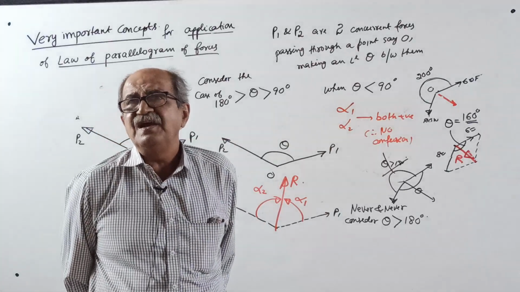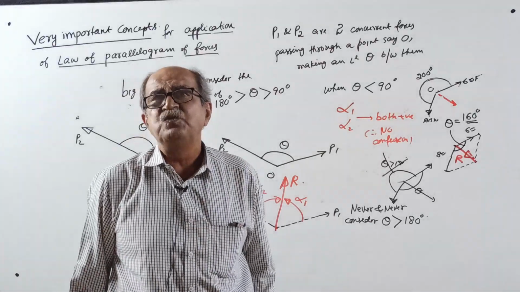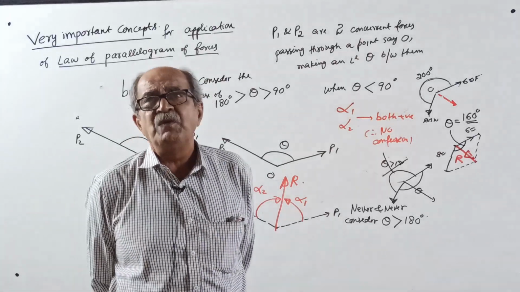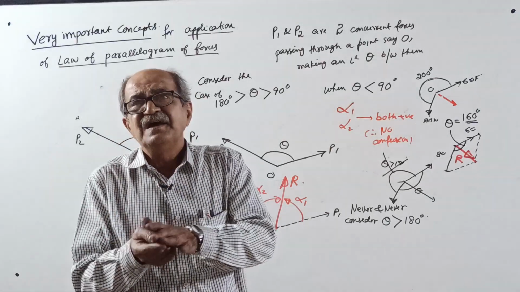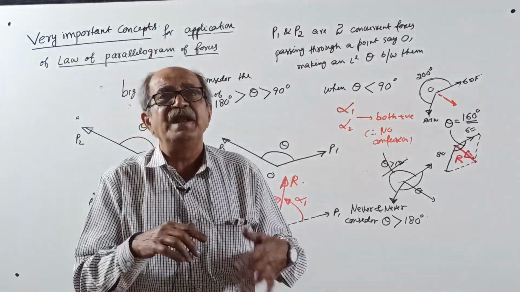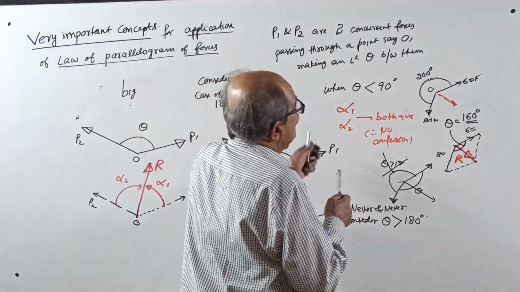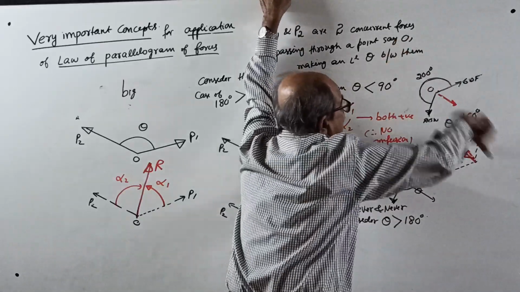In case they give the other side angle, if the angle given between the two forces from the other side is more than 180 degrees, do not consider the resultant on that side. Consider the resultant on the side where theta is less than 180 degrees. Otherwise, you may mark the resultant this way. No, see, the resultant this way.